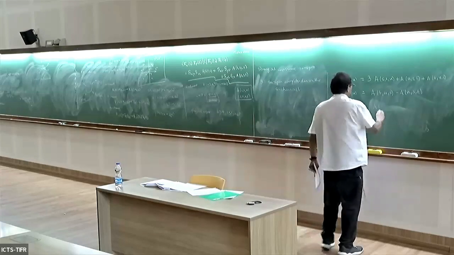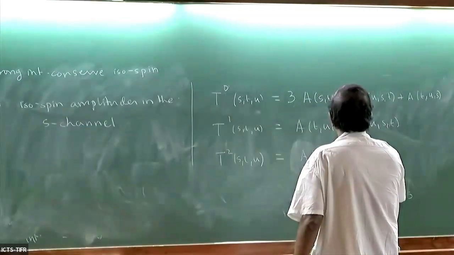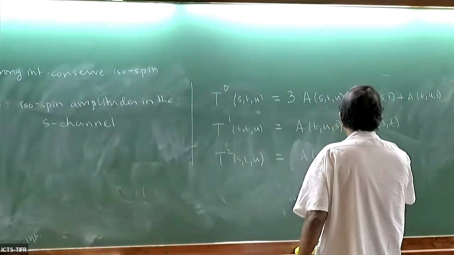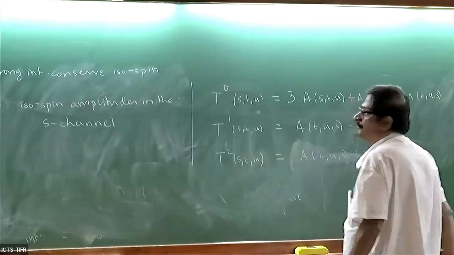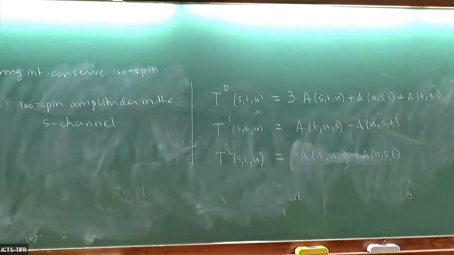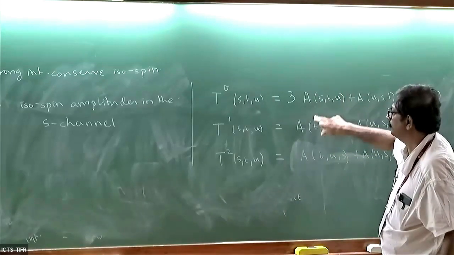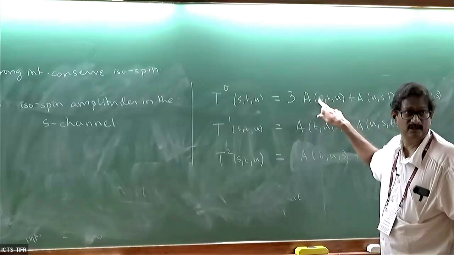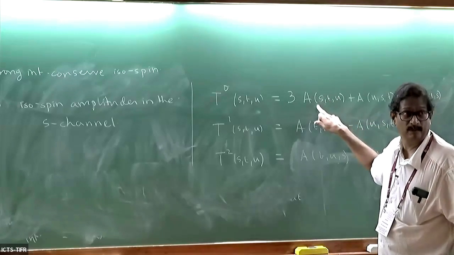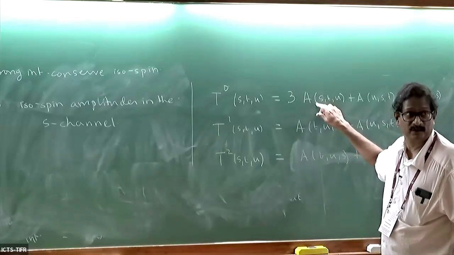This is A(T,U,S) plus A(U,S,T). Okay, so when you write A(S,T,U), it is evaluated when the object in the first place is the center of mass energy, for a given scattering process.